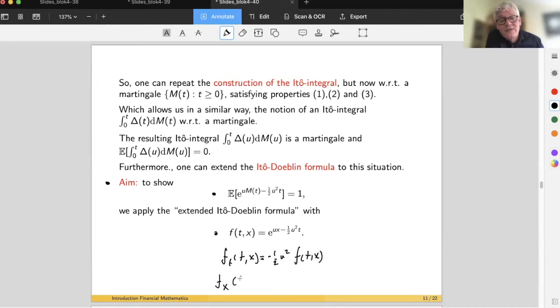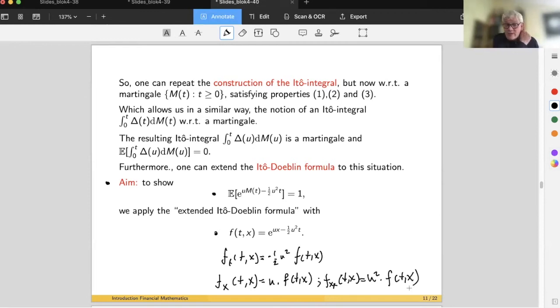F_x of t and x, the derivative with respect to x, is u times f of t and x. And the second derivative, f_xx of t and x, is then u squared times f of t and x.